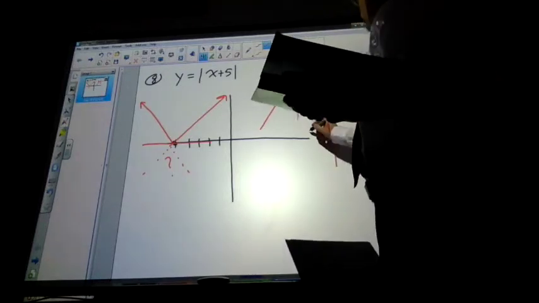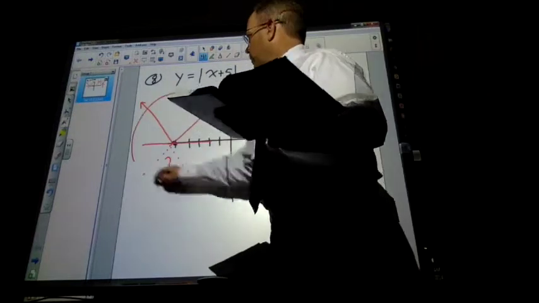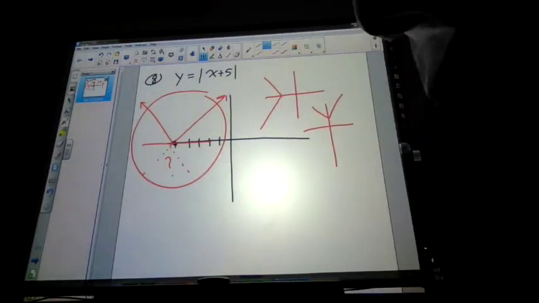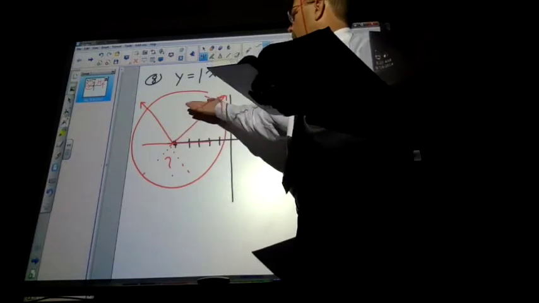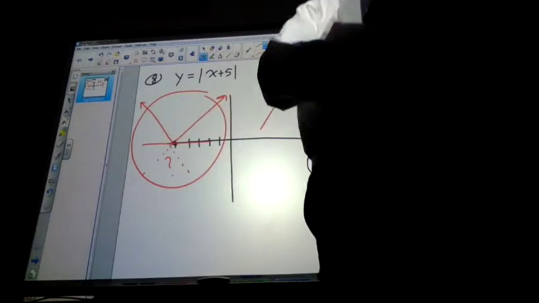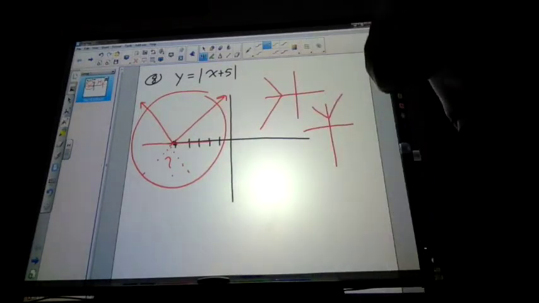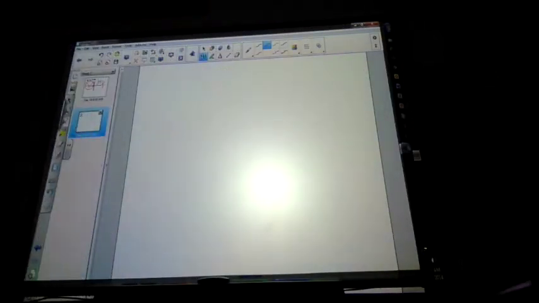If it looks something like this, that would be symmetric about the y-axis. Does this have symmetry about the x or the y-axis or the origin? So if I folded it over this, it would be the same graph, but is it going to fold on top of itself? Okay, let's go to a different screen, and then we'll come back here and see if we can justify it.